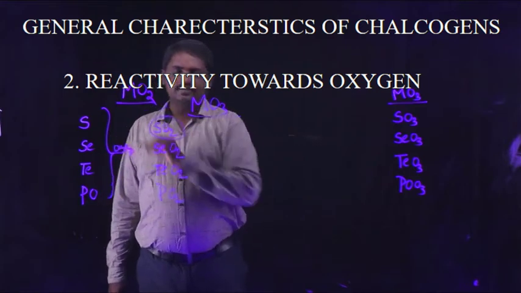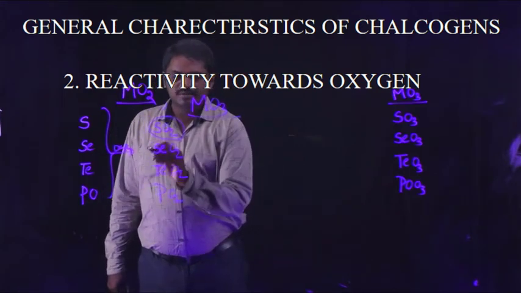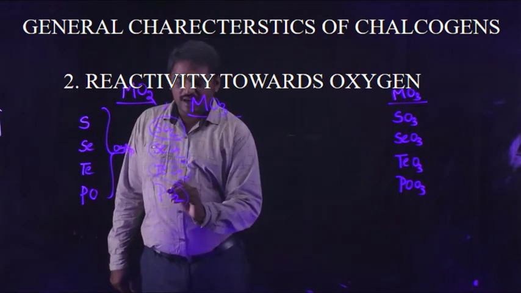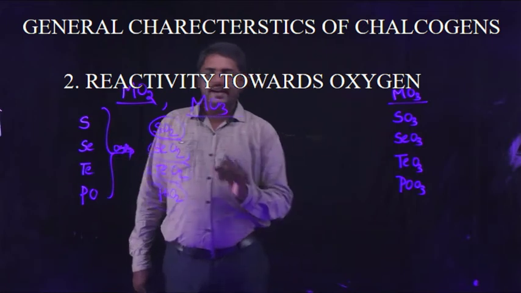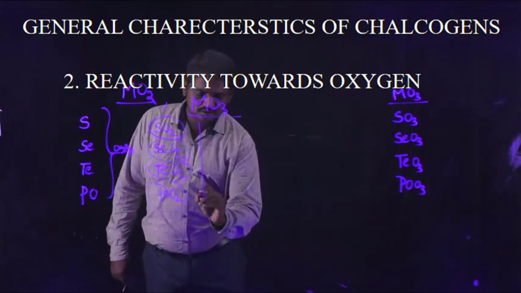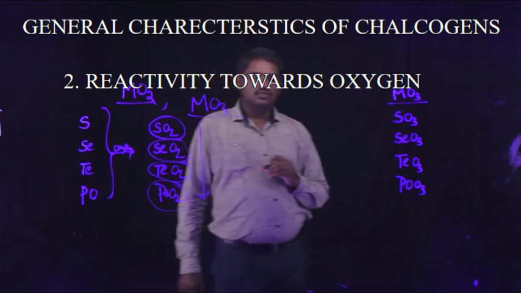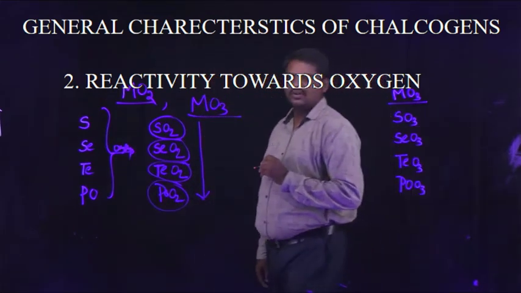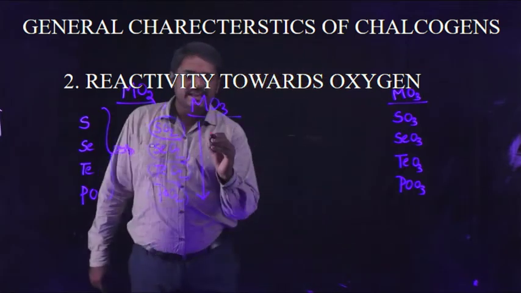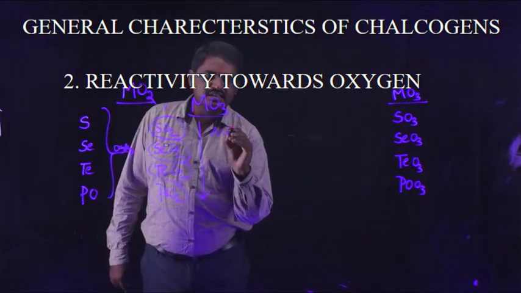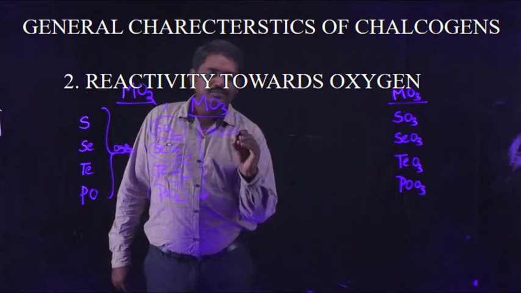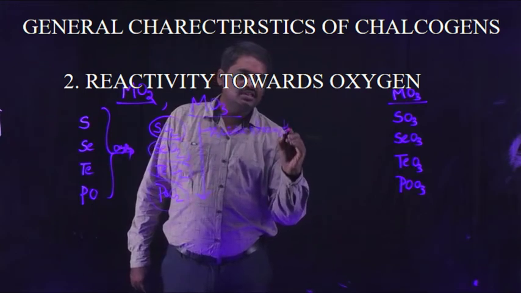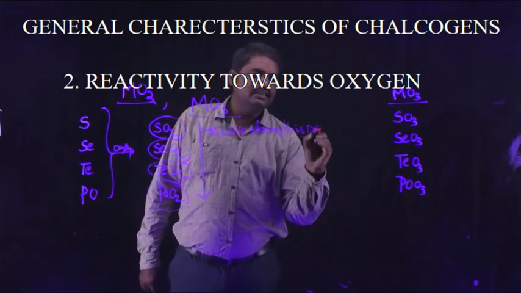Sulfur dioxide, selenium dioxide, tellurium dioxide and polonium dioxide: these dioxides are observed on moving down the group. Acidic strength decreases.